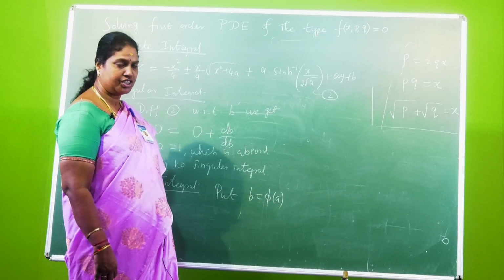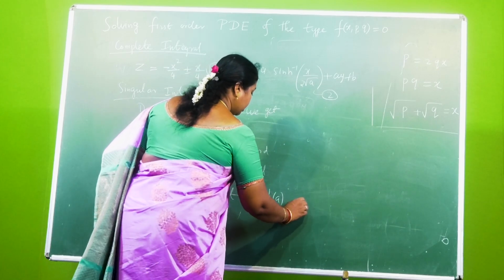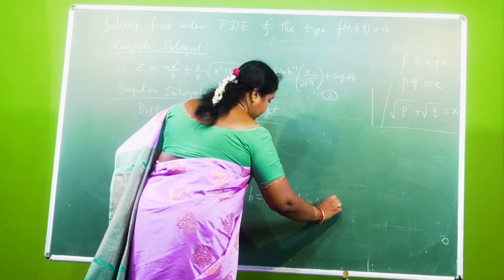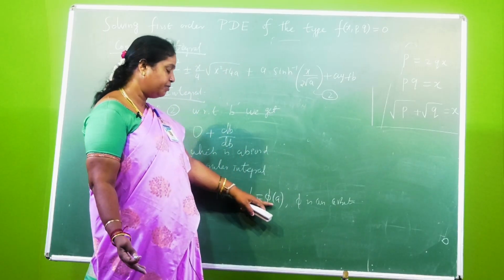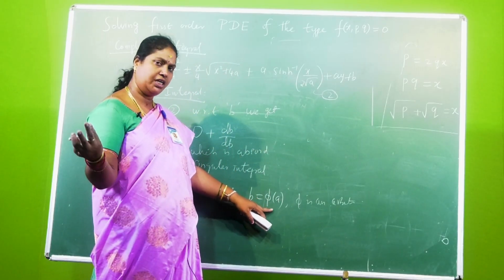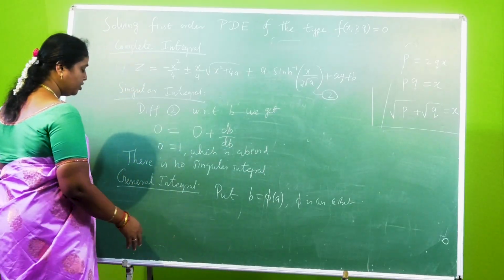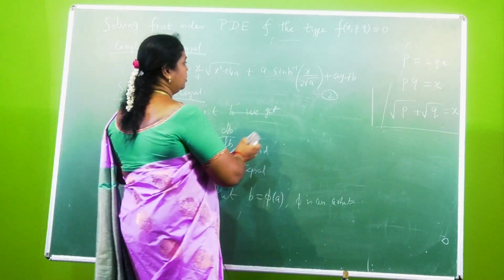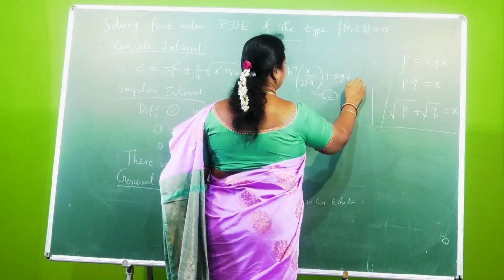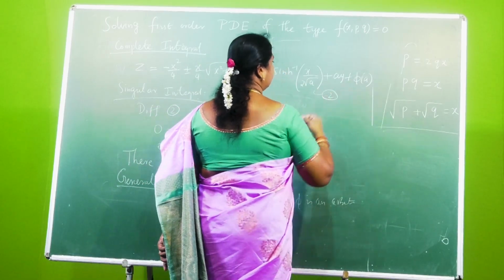You can give any function. So phi is an arbitrary function. The function may be a square or a plus 1, anything you want. So if we substitute here, what will you get? So this b will become phi of a.